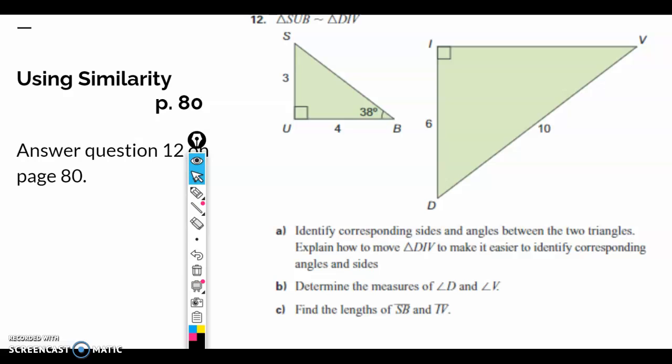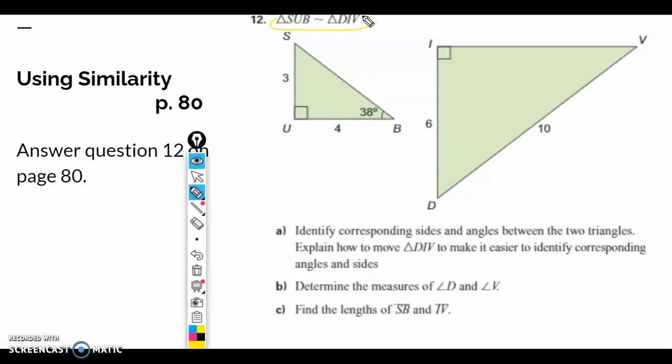Let's look at example 12 on page 80. You should have already answered this question, but let's look at it together. Letter A says, identify corresponding sides and angles between the two triangles. Let's start with understanding the way in which our triangles are named, which allows us to determine which sides are proportional or corresponding.